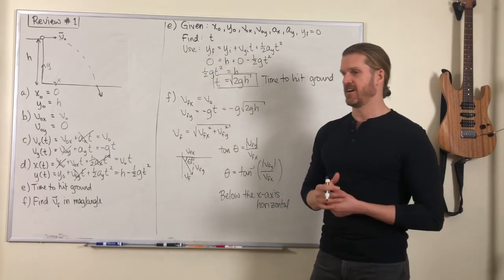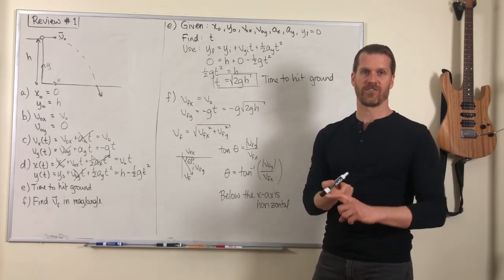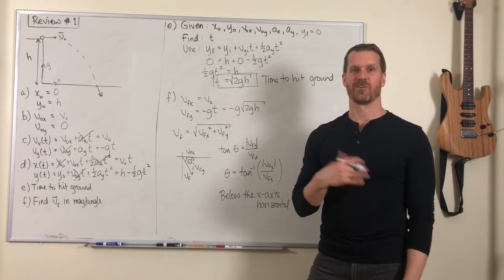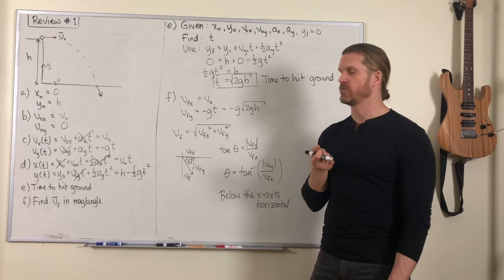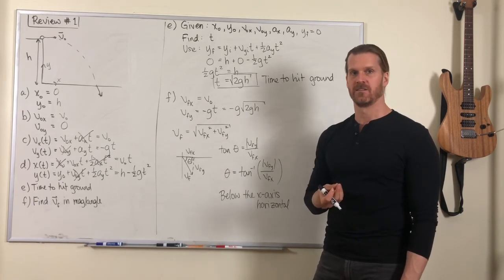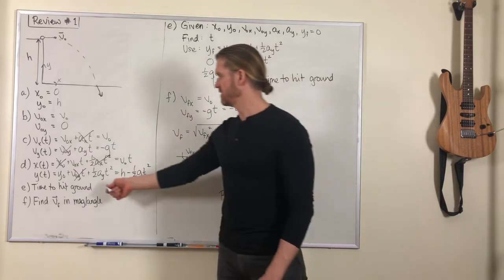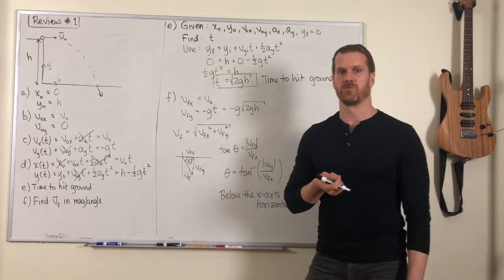And I like process explanations and concept explanations. So I might ask you a process question like, can you explain in words your process for solving part E of the problem.